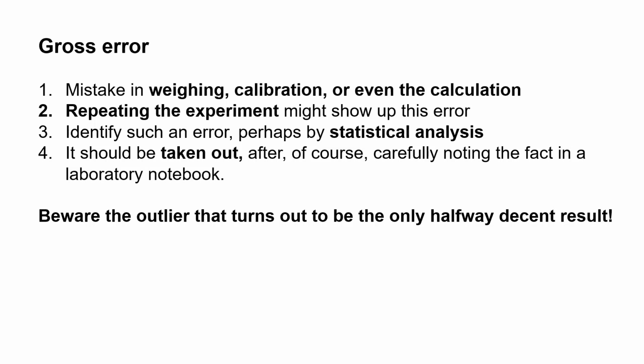That's why it is highly recommended that you repeat experiments and take an average or mean value, so that you can see if there's any gross error related to your performance. You can see very easily that these are directly related to the person performing the experiments, so you can also call them personal errors.